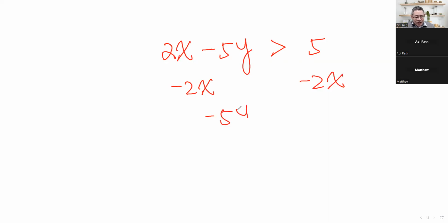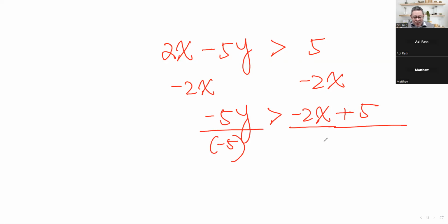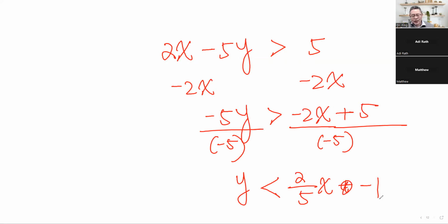Then -5y greater than -2x plus 5. Then we divide by -5 and -5. Because we divide by a negative, I have to flip the inequality, so this side is y. On this side, -2 divided by -5 will be 2/5x. And then 5 divided by -5 is -1, so it's -1. So now we know our y.